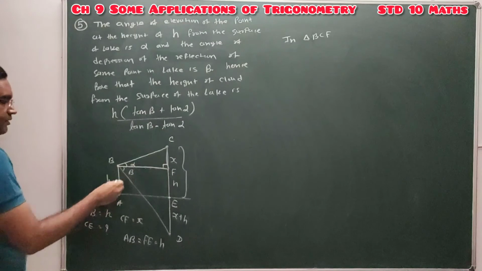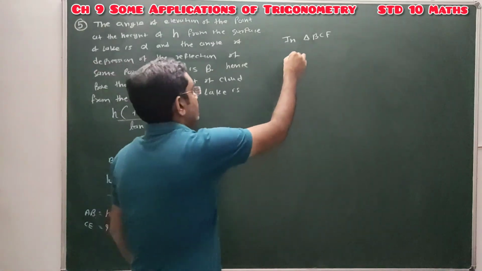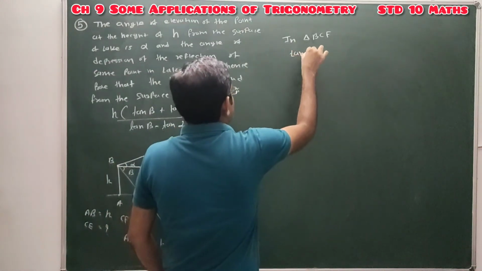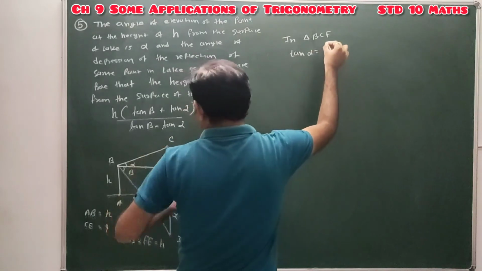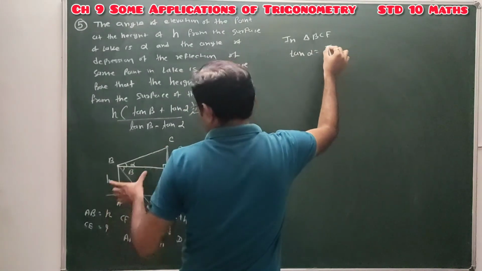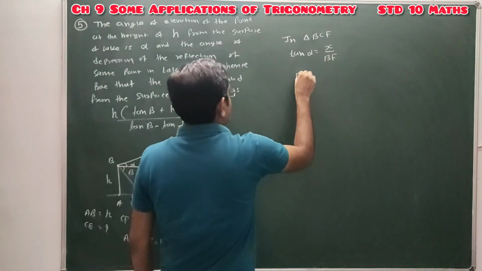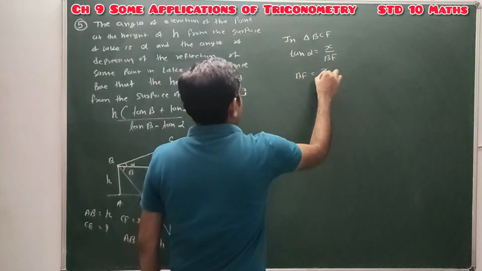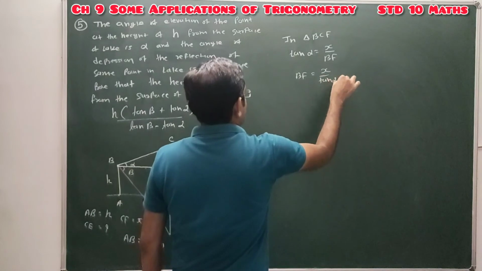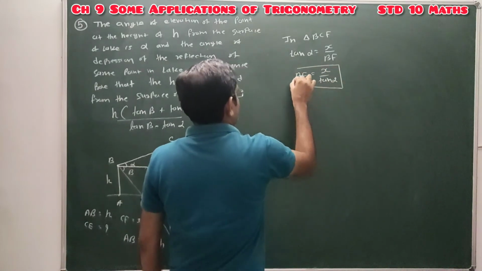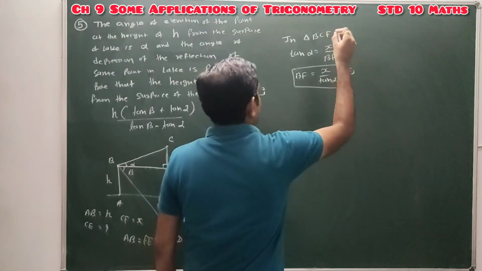In triangle BFC, tan alpha is equal to the opposite side x upon the adjacent side, that is BF, and therefore BF will be x upon tan alpha. Call this result number 1.